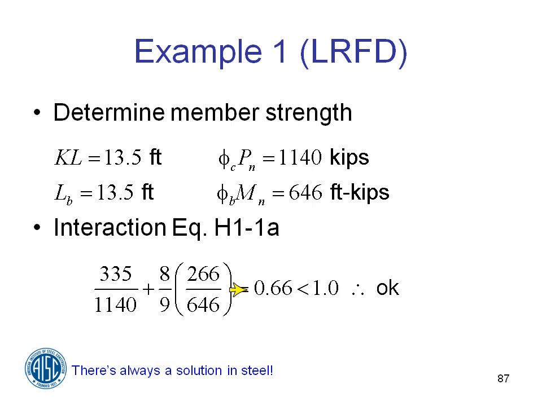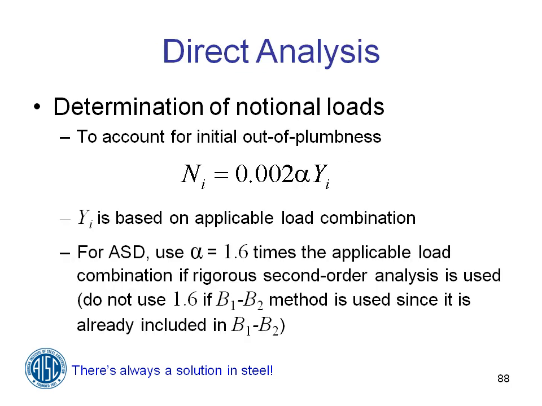Now, Lou? Yes? We do have a couple questions before we move on. First question, when dealing with long, slender columns where KL over R is large, AISC formulas increased alpha up to 1.9. Do we still use this increased alpha with this analysis?